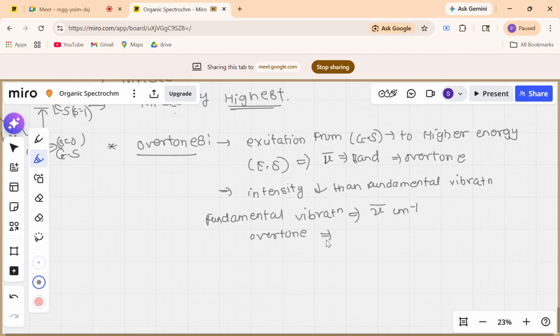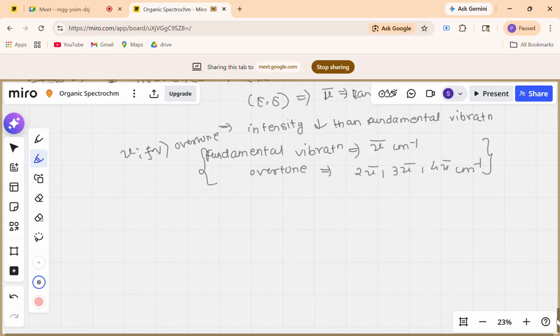Okay, so if your fundamental vibration is at a particular nu bar, then your overtones will have integral multiples of that fundamental vibration.